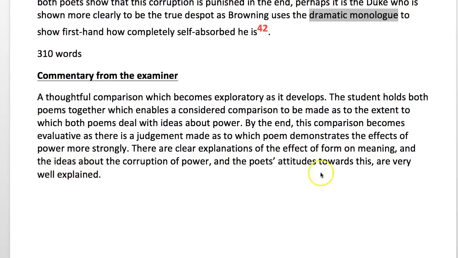And all these ideas come from looking at the poet's attitudes. So if you're writing about the poet's attitudes, you will always meet this part of the examiner's criteria. And the last comment, these are very well explained, all suggest that this will be quite a high marking answer.